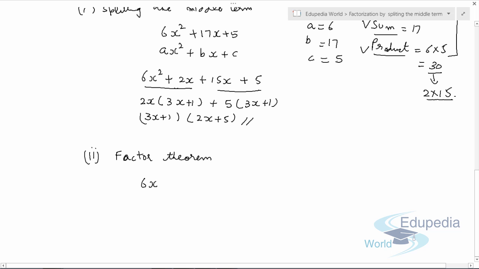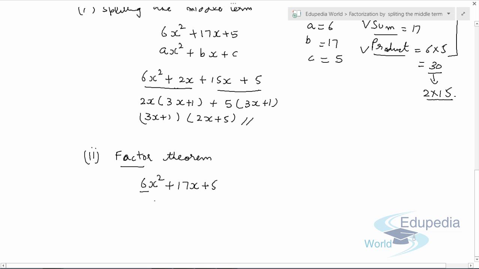Now we have the polynomial 6x square plus 17x plus 5. Always remember, when using the factor theorem, we have to make this leading number 1. So we'll divide the whole equation by 6.